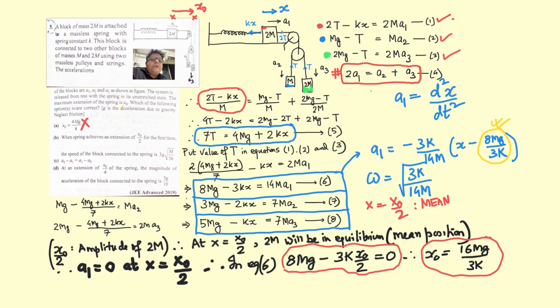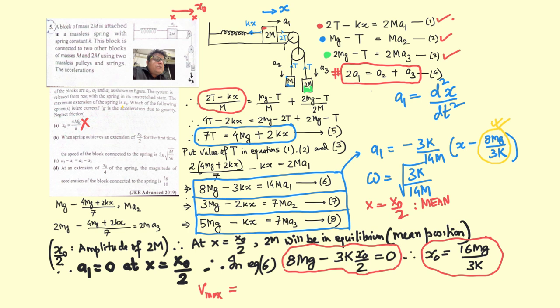Now when x equal to x naught by 2, the speed of the block connected to the spring. x equal to x naught by 2 means the block 2m goes through the mean position. So it will obviously have the maximum velocity, that is V max of that 2m equals amplitude times angular frequency.